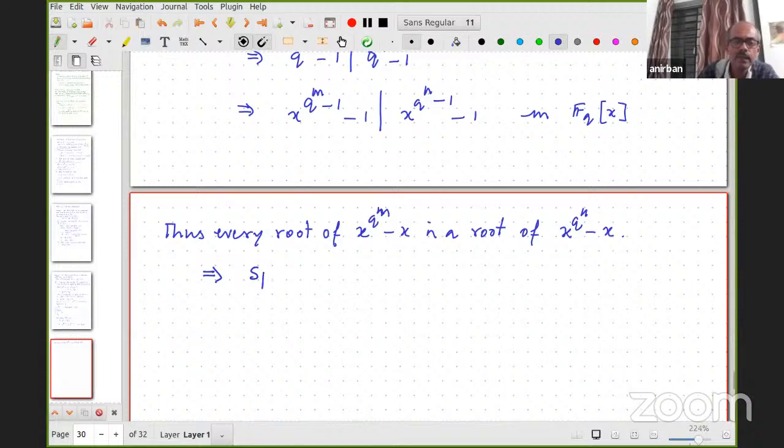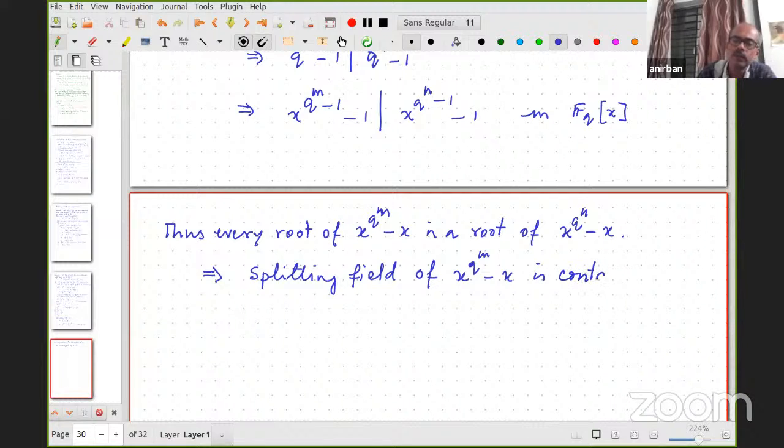So the splitting field of x to the q to the m minus x is contained in F_q^n.